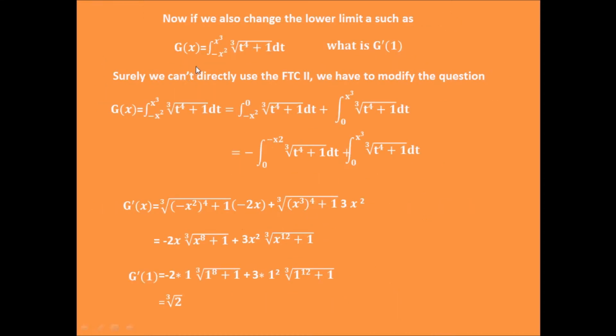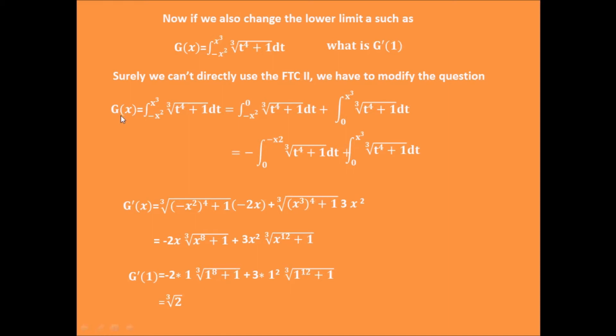However, if we have the case where both the lower and upper limits are functions of x, such as g(x) equals the integral from minus x squared to x cubed, in this case, if we want to use the FTC theorem, we have to rewrite this integral.